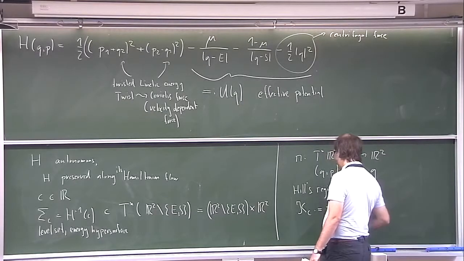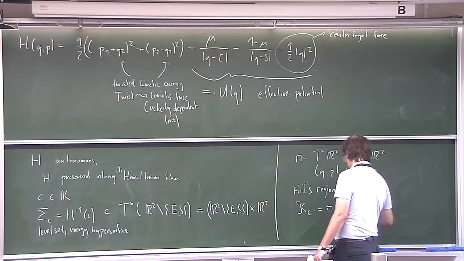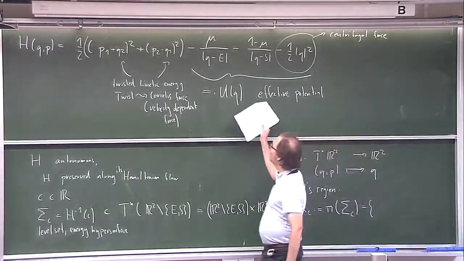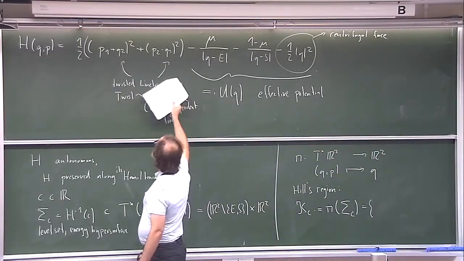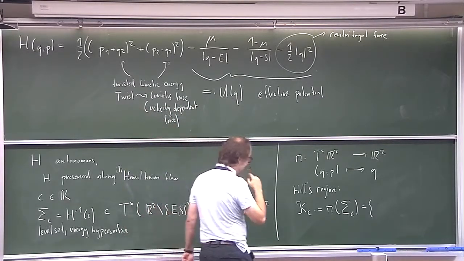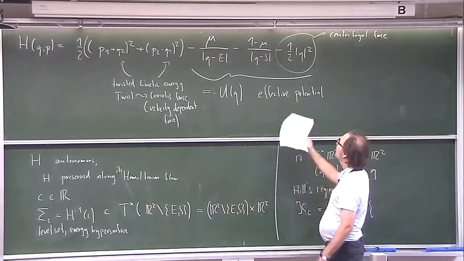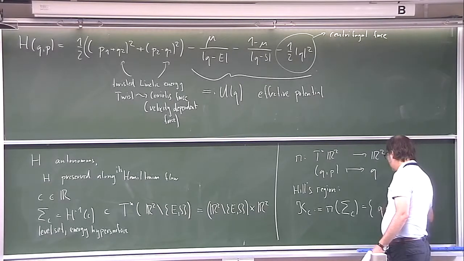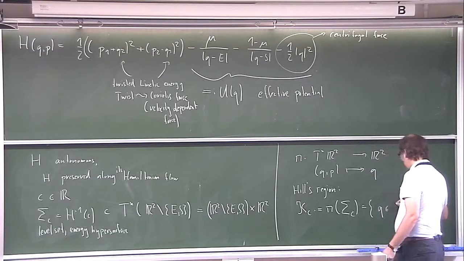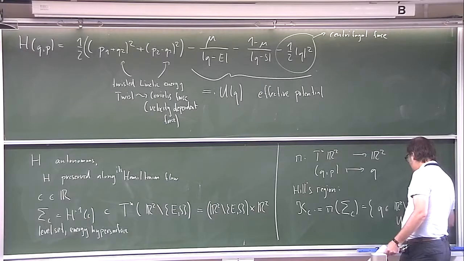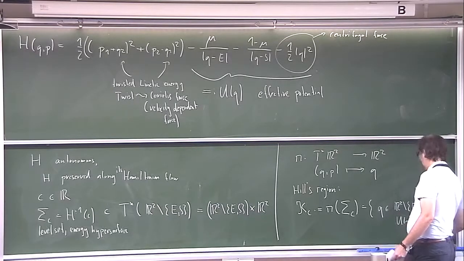This is the projection, the shadow of Sigma_C. Because of this form, the first term is non-negative, so I can also write this Hill's region as a sublevel set of the effective potential: the Q in R2 except E and S such that U(Q) is less than or equal to C.